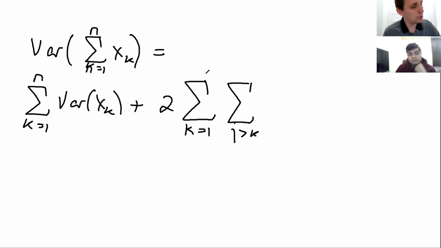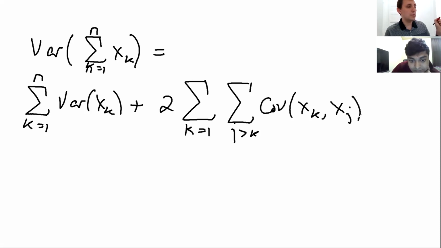All the way to, so we have here covariance of xk, xj, right? Where k goes from 1 to n minus 1. So we have this formula. We can always ensure that j is bigger than k by just rearranging and multiplying by 2. Good.